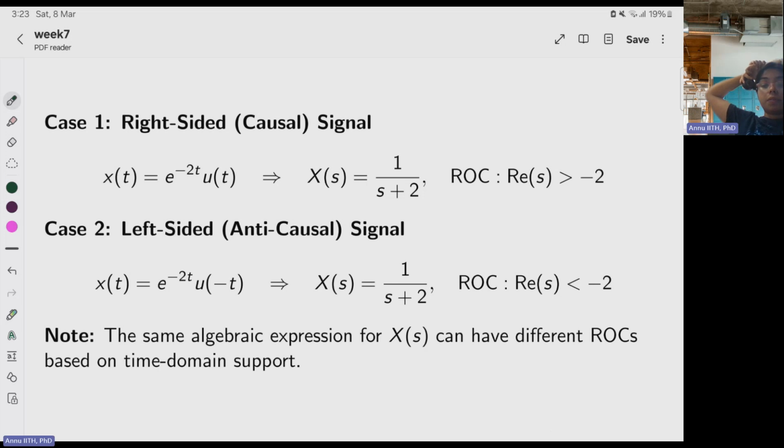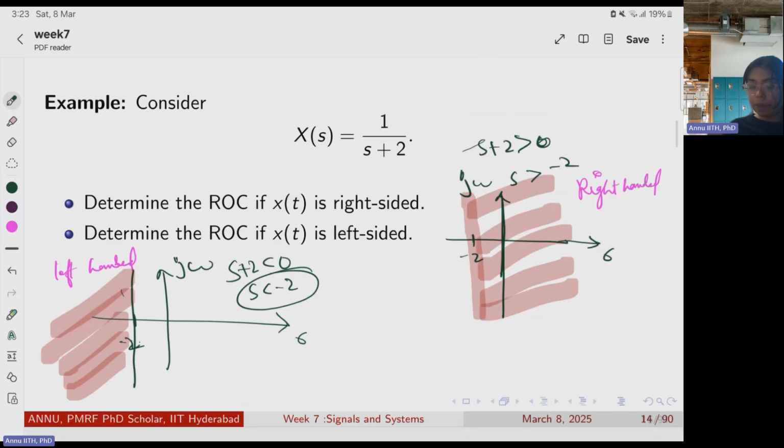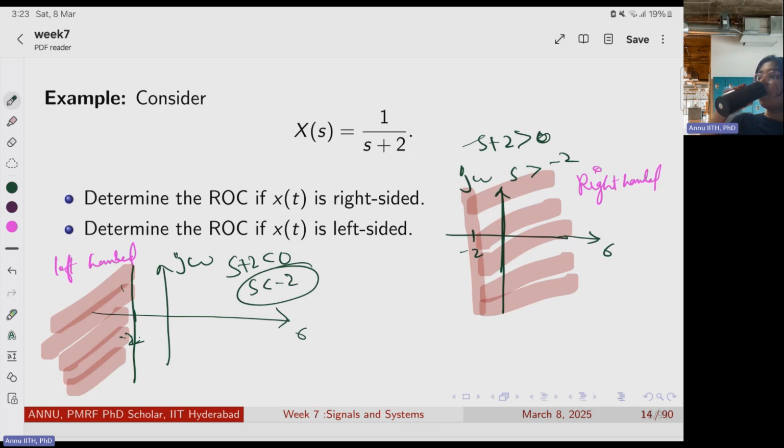So case 1, case 2. Also, as I told, what is causal and anti-causal here? One thing to visualize: tell me which is causal and non-causal.